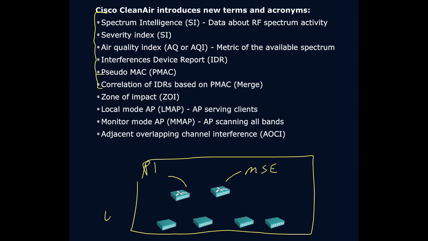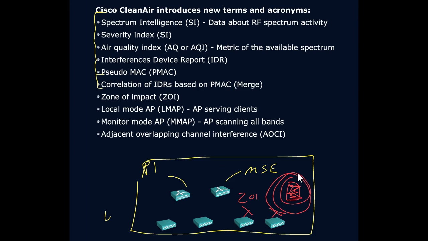And out there we've got this evil box number 9 that is sending out some sort of signal that overlaps with my world. Prime Infrastructure will let us see that, and it'll actually show us the zone of impact. In other words, here are the access points that are affected by that source of interference that might be analog video, microwave ovens, monitors, all sorts of things.